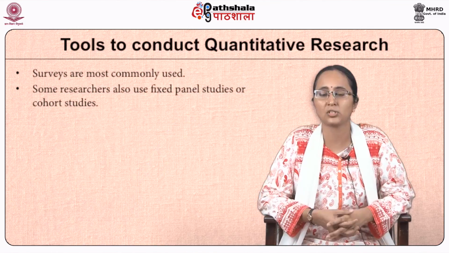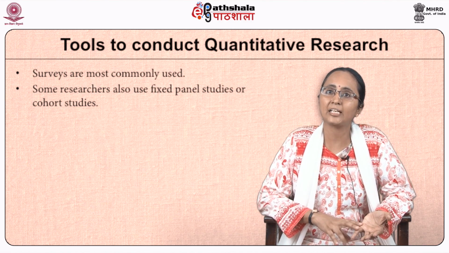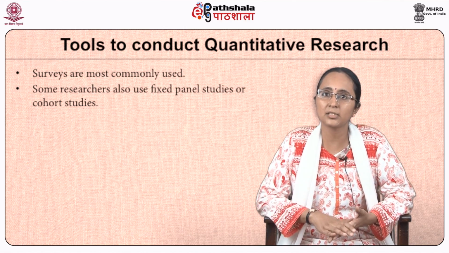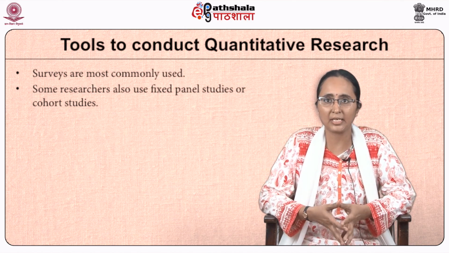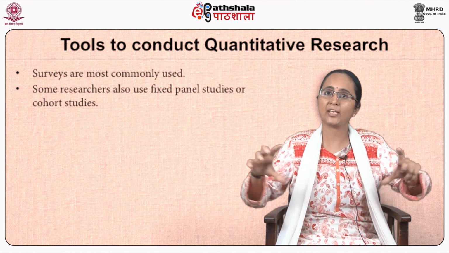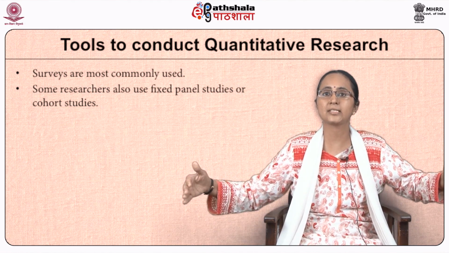Now, what are the tools you use to conduct quantitative research? Most common tool is the survey tool. This can be administered over phone, online, mail, in person, or you can ask the participant to self-administer it. So, you do a pre-test kind of thing where both the groups fill in a survey.